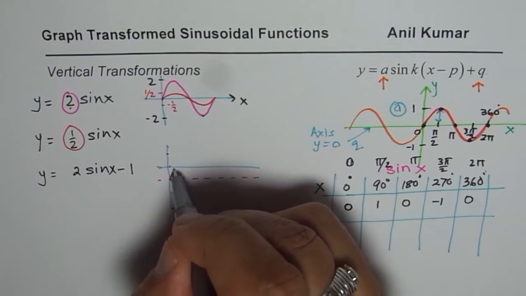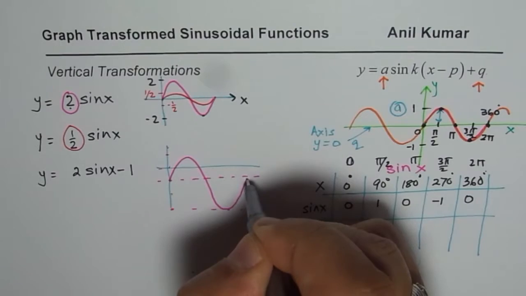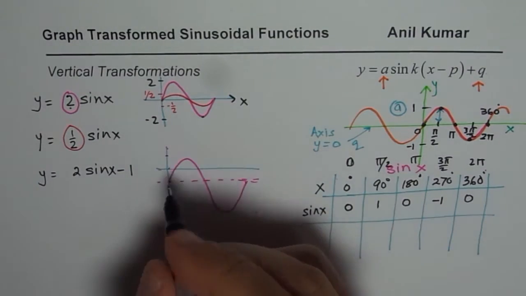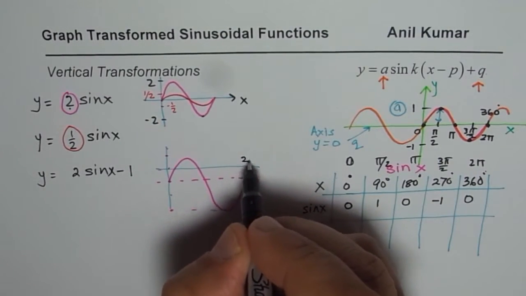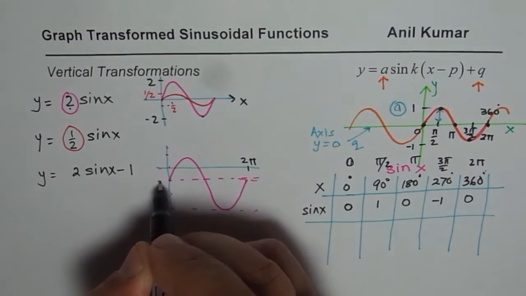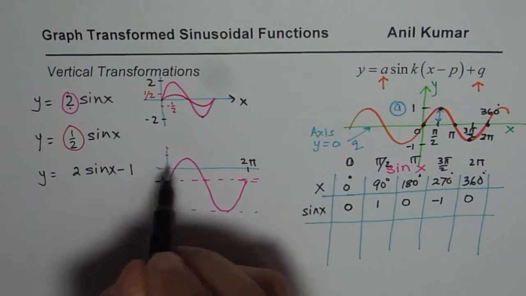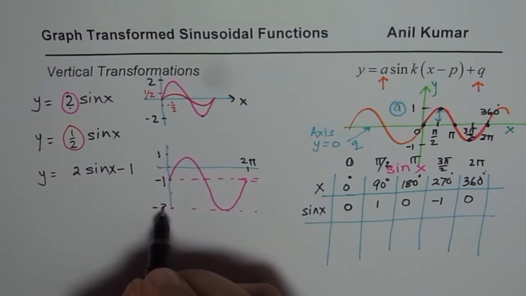So we'll have a wave which is kind of like this. Okay, so that is how the wave will end, correct? Where of course this will be one cycle, which will be 2 pi, and this point here is minus 1, and that is this value q, right? Maximum will be at 1, minimum will be minus 3.